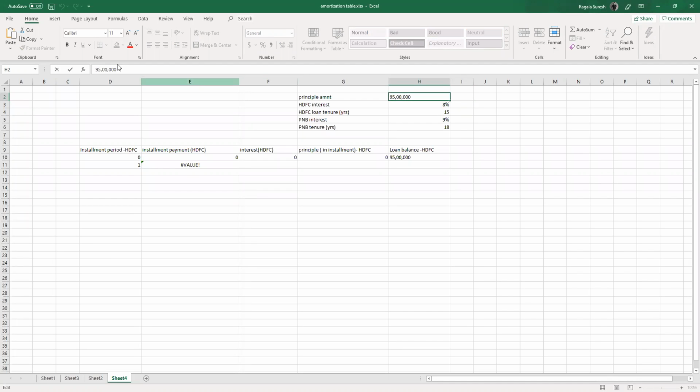Yeah, maybe that is true. Rupees is there like this? I don't know whether it will take or not. Okay, let's see. Dollar 8%.